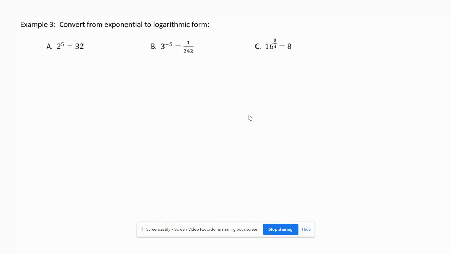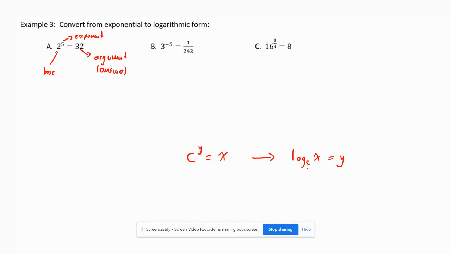Example 3, convert from exponential into logarithmic form. Okay, so again, we have the base, we have the exponent, and we have the argument or the answer. So when we convert, if we have c to the y equals x, this goes into log base c of x equals y.